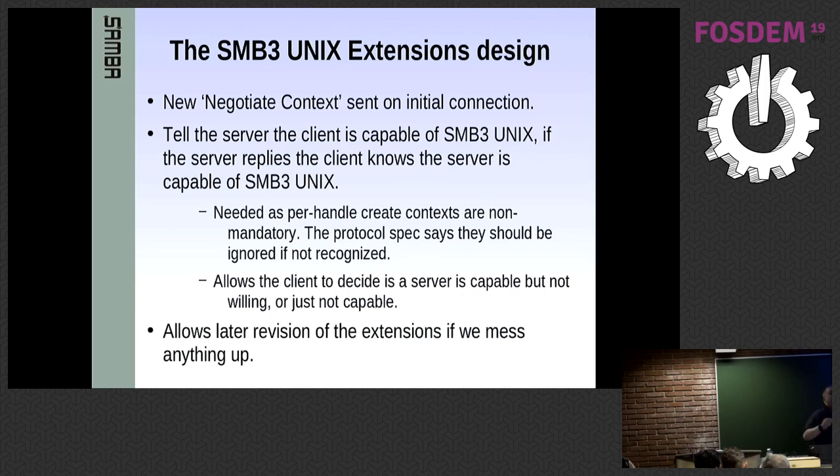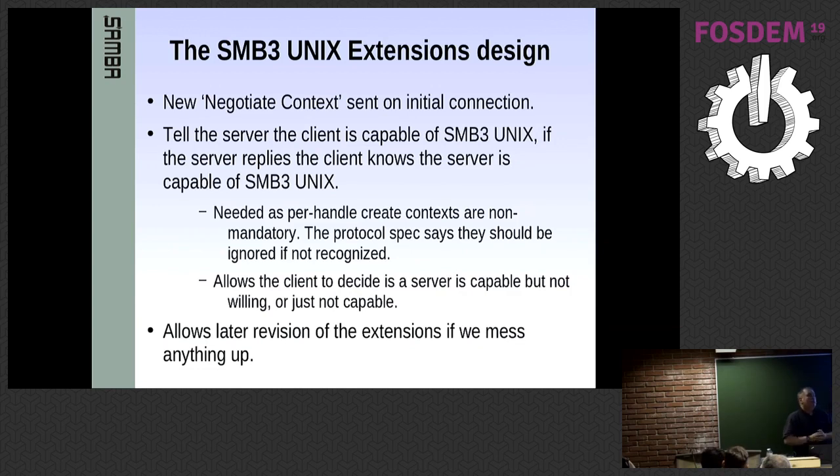Theoretically, you don't need it, because every single operation in SMB3 has to have a handle, and a handle has to have contexts, and those contexts could specify SMB3 Unix. So theoretically, I originally thought we can get away with simply doing context on the creates rather than on the initial negotiate.